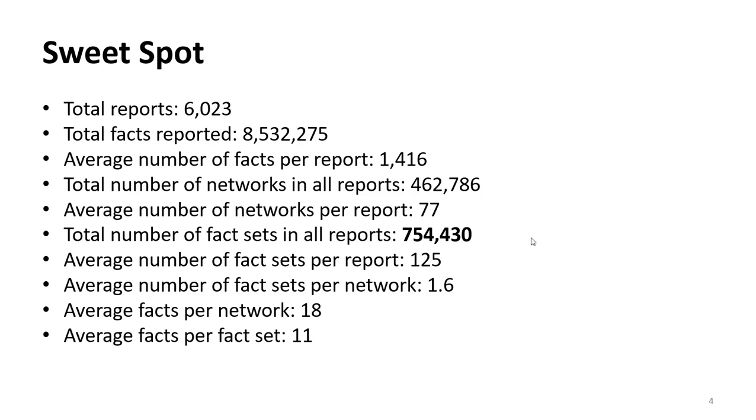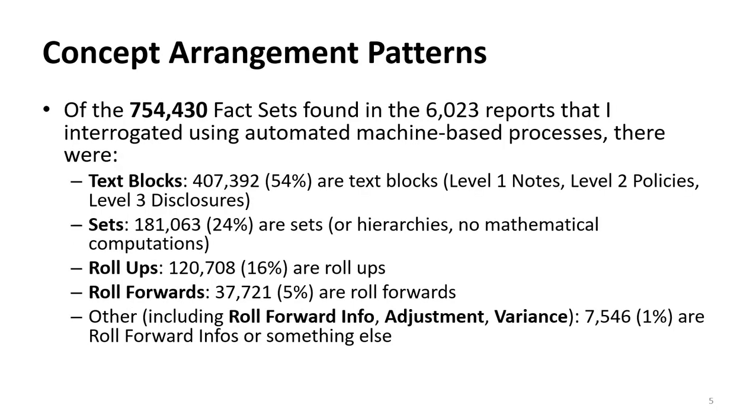I'm not going to go over this in detail, but basically I can break a report down into pieces, and those pieces, the fact sets: 754,430 fact sets found in exactly 6,023 reports.